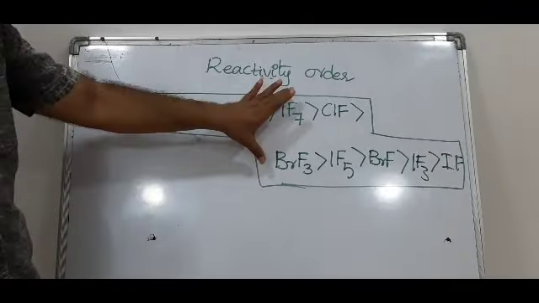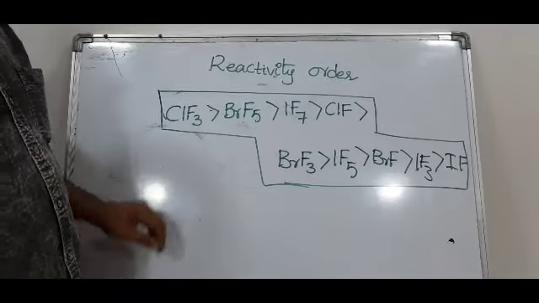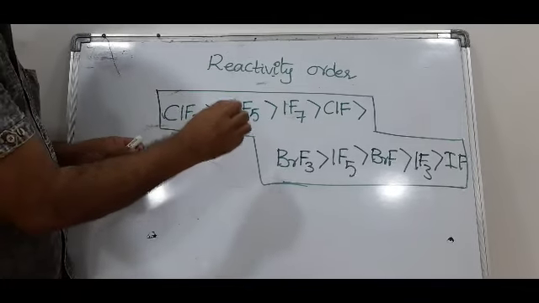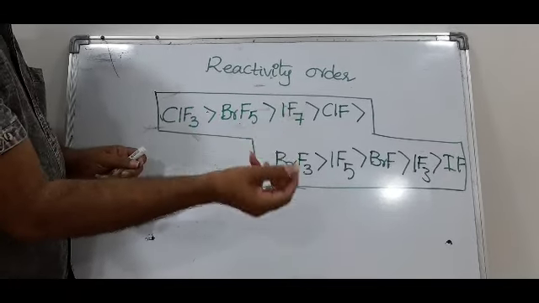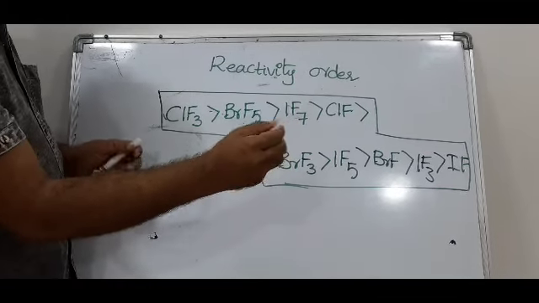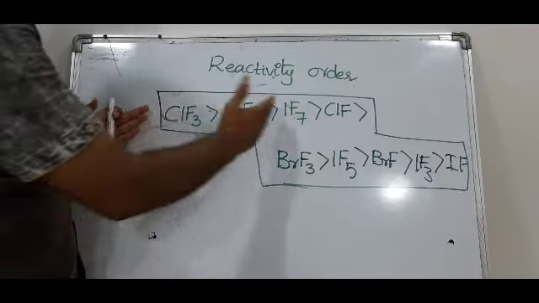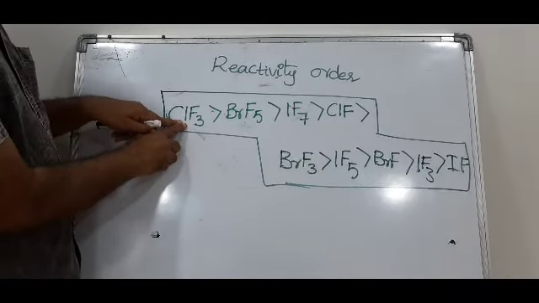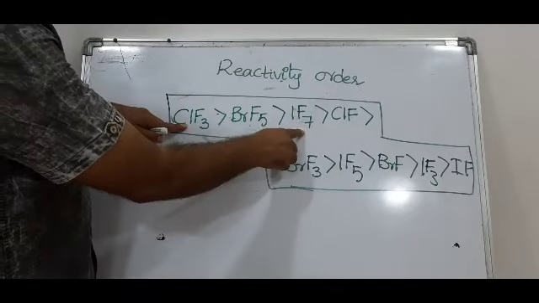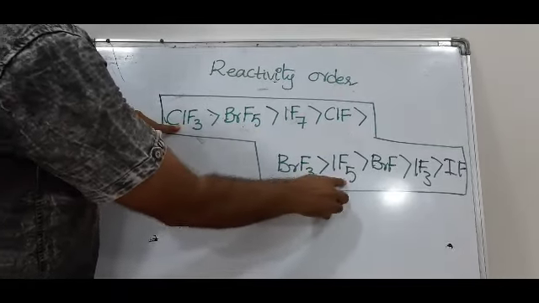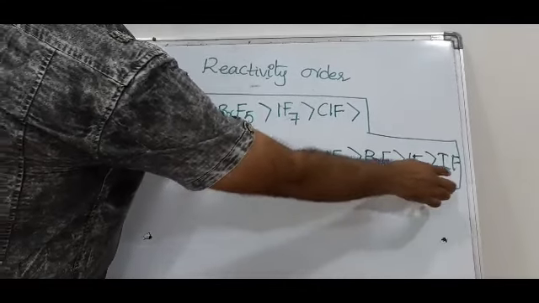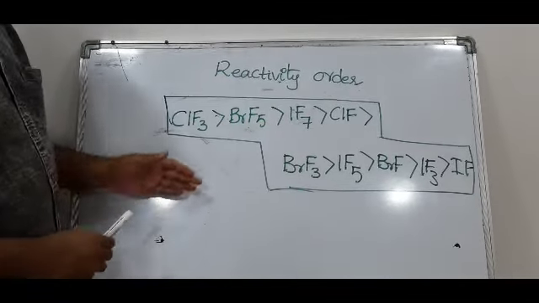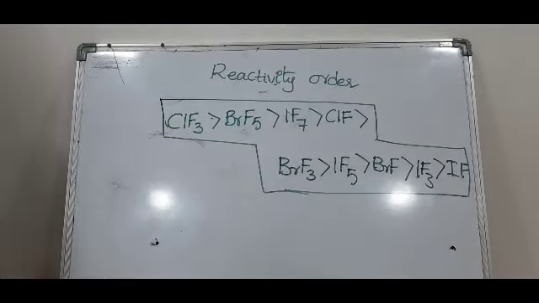Students, this is the reactivity order of the interhalogens. So ClF3 is vigorously reactive, and then BrF5, IF7, ClF, BrF3, IF5, BrF, IF3 and IF. Students have to remember this reactivity order. There is no alternative way. Please observe the reactivity order.